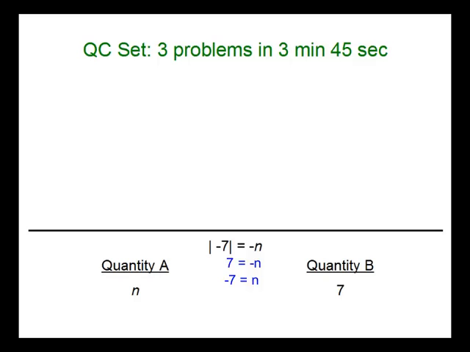And so we've got +7 on the left, -n still on the right. Multiply both sides by -1, effectively moving the negative sign over. And n is -7. So this is one of those problems where a variable isn't really a variable. You just have to do a little work to figure out what number it is. And of course, 7 is greater than -7, so B is the answer here.